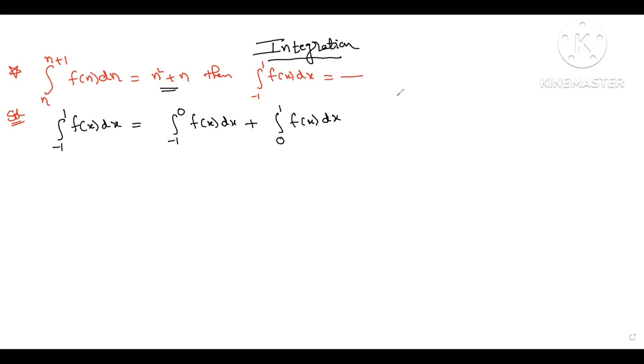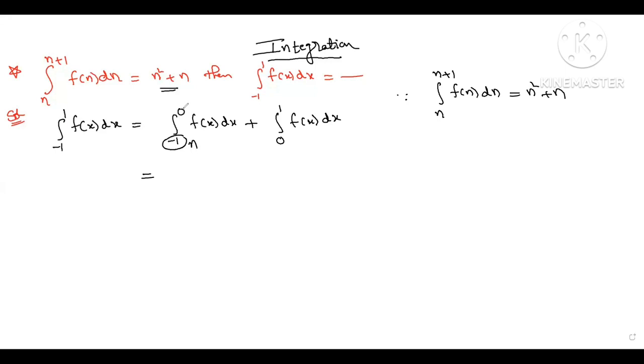But from the statement, what is given here? Integral n to n plus 1 f of n dn is equal to n square plus n. But here let us observe, now we should apply this condition. Here n is equal to minus 1.